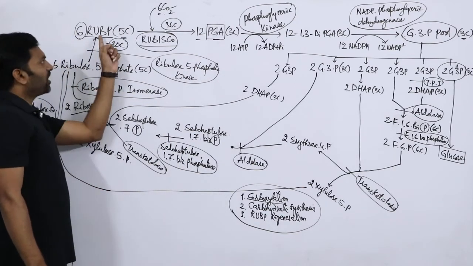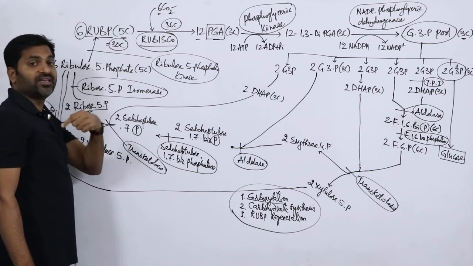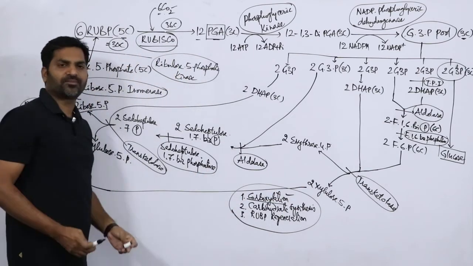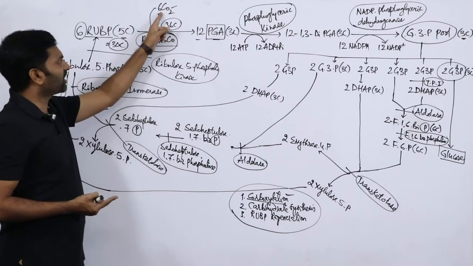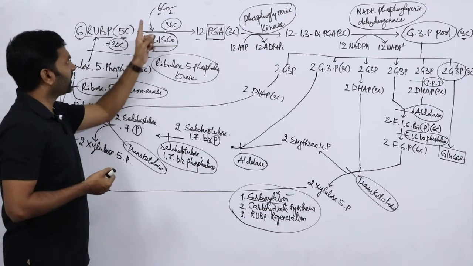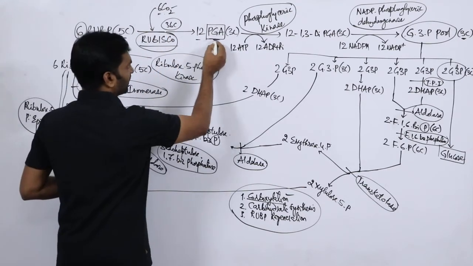So RuBP is combined with carbon dioxide. This entire process is called carboxylation. Carboxylation means addition of carbon dioxide, so this carbon dioxide is added to the RuBP. 30 plus 6 is equal to 36, and that compound is PGA.